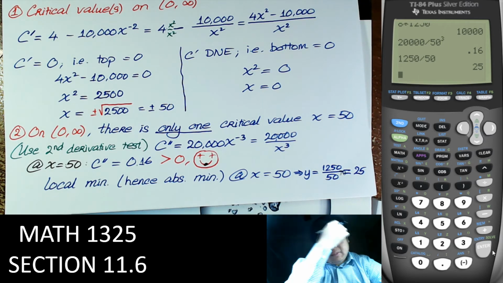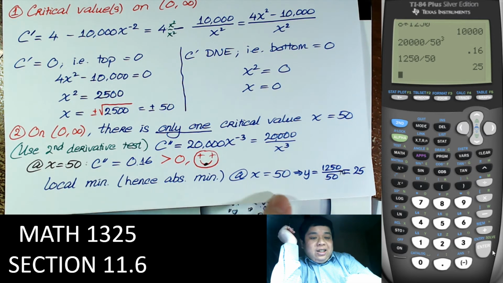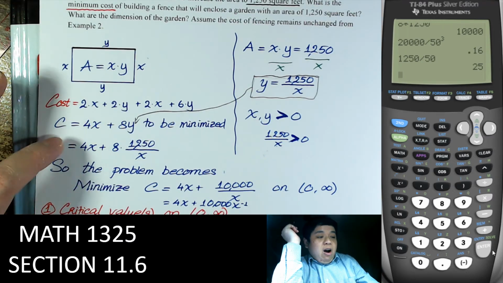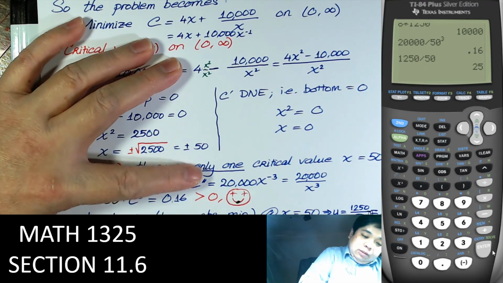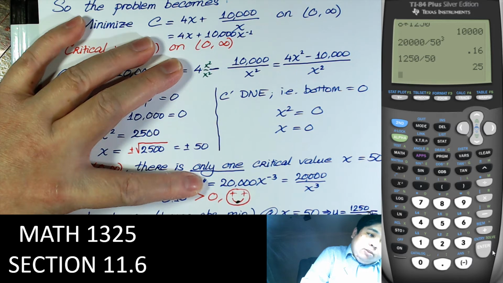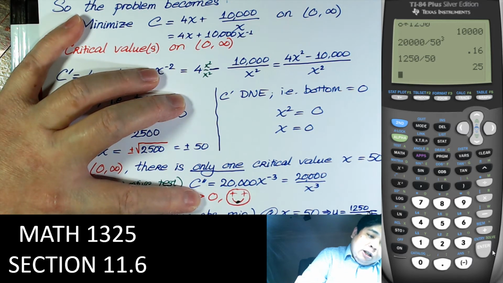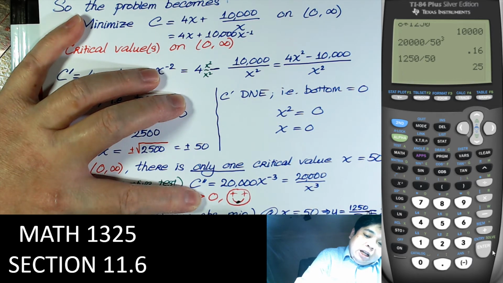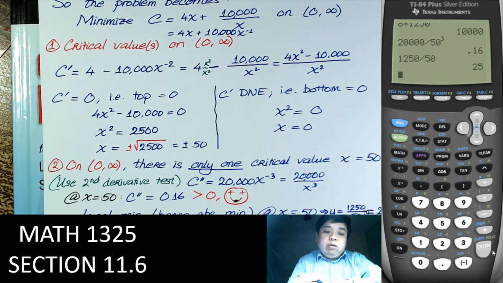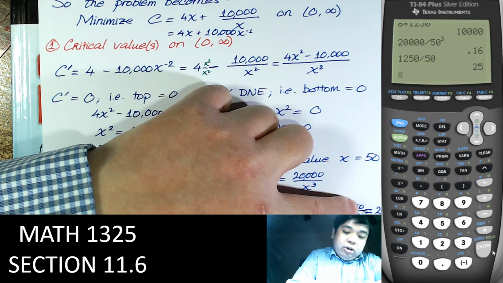Right? And we have x, we have y, we have the cost function. So the minimum cost is 4 times 50 for x plus a times 25 for y. That's 200. So the cost is $400.